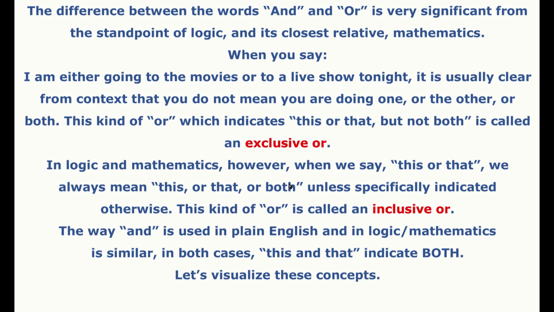In logic and mathematics, however, when we say this or that, we always mean this or that or both, unless specifically indicated otherwise. This kind of "or" is called an inclusive or.